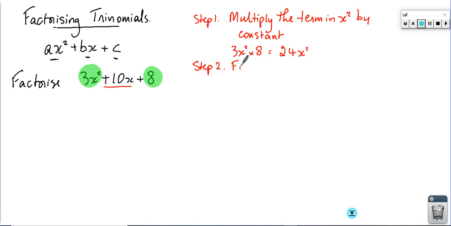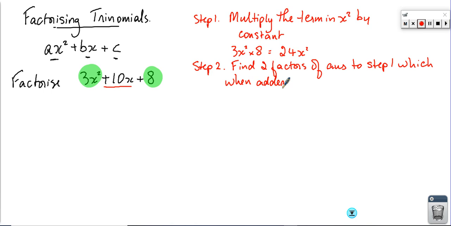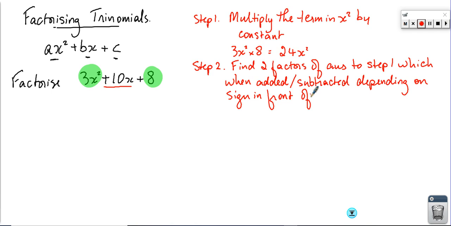If in front of the constant you have a positive, you will add. If it's a negative, you will subtract.